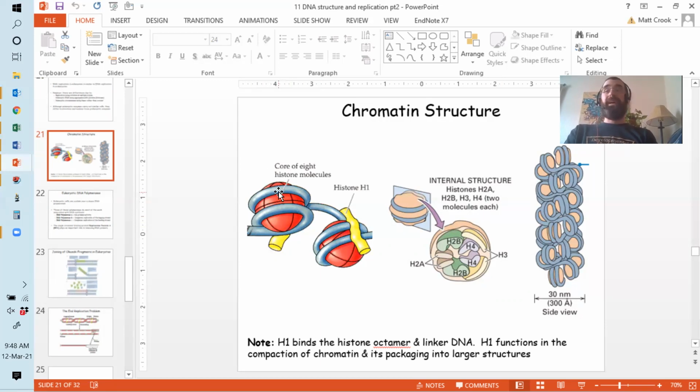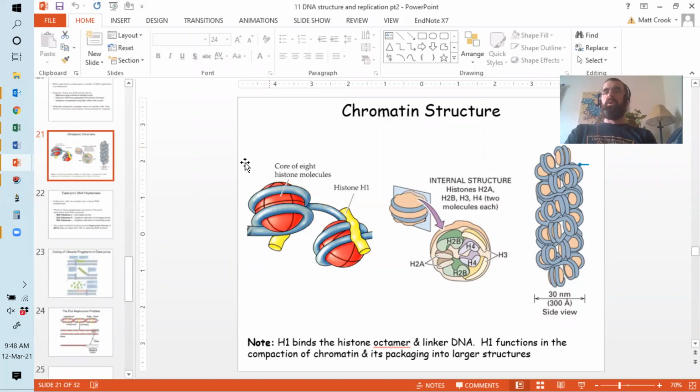There's usually 4 pairs of different histones here to make up a nucleosome of 8. So it's the 2s and the 4s and 3s. And there's also another histone called the linker histone, which is histone H1. And that holds everything together and also creates this space between the nucleosomes.